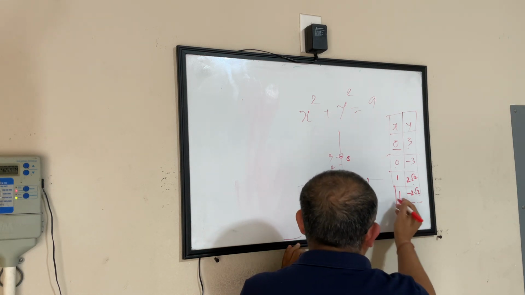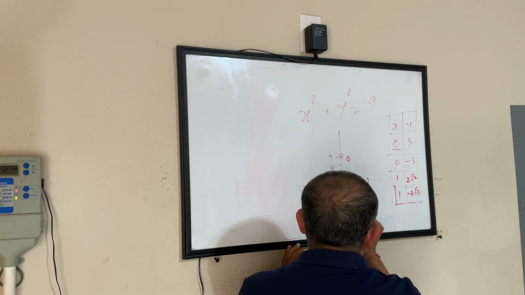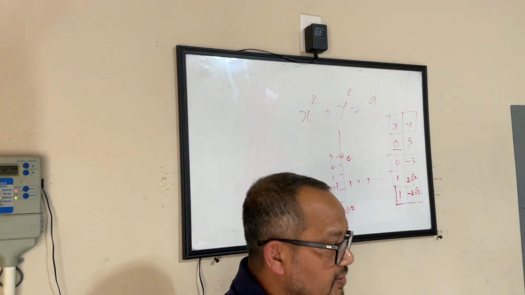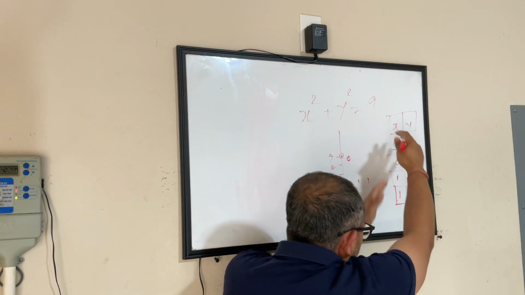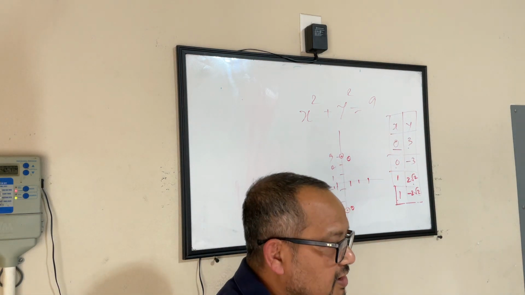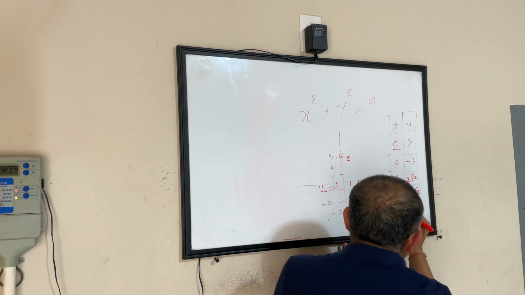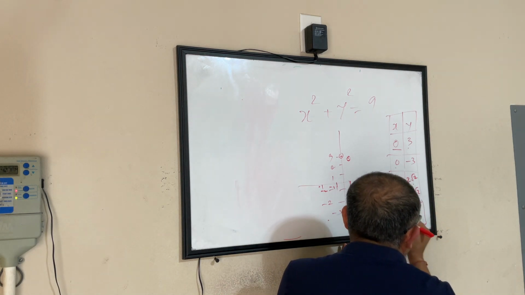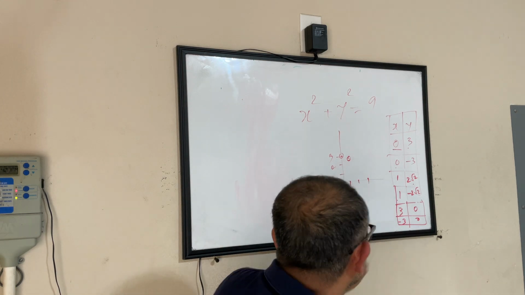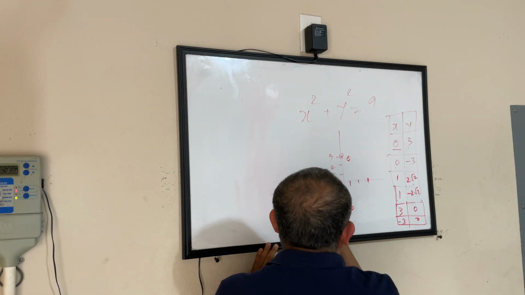And when x is 1, there will be another one here. I have not decided on different values. Another value could have been, when I give y equal to 0, you will find the same value of x as 3 and minus 3. So when y is 0, you will find two values here.